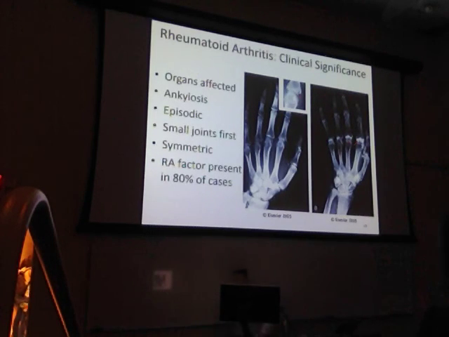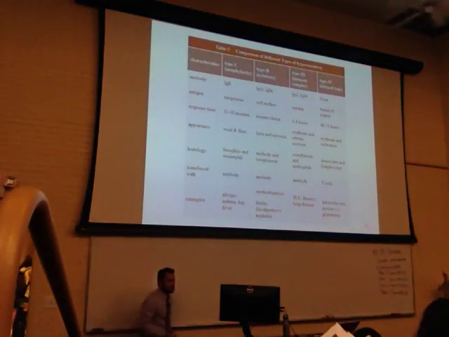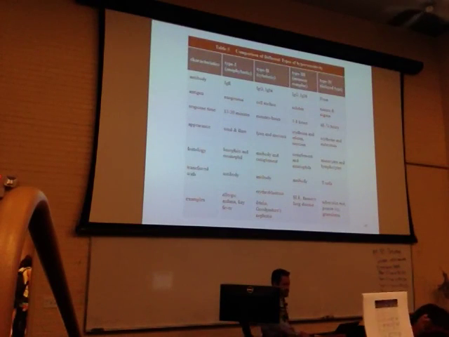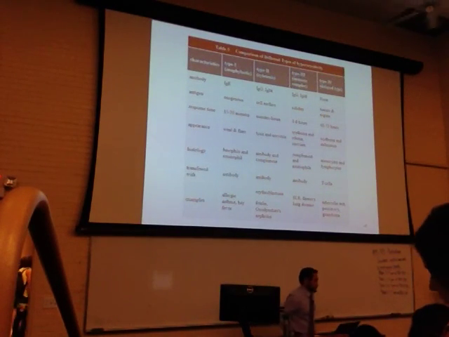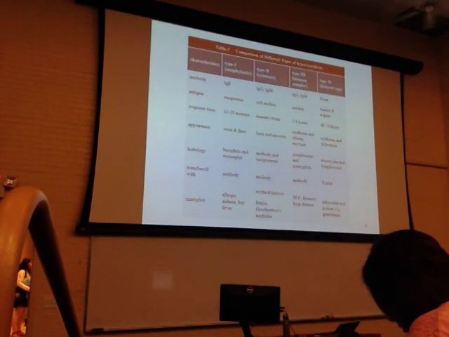Now, the final slide of this particular lecture is this table, and this is a really nice summary table. It's not from your textbook; I pulled it out of a different textbook, but it helps to show you the classifications of 1, 2, 3, and then 4.